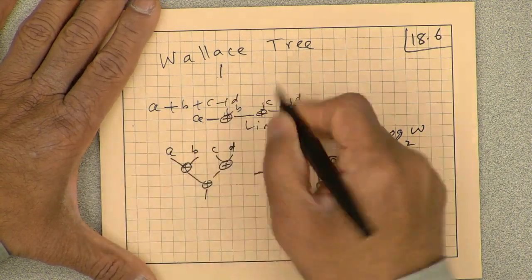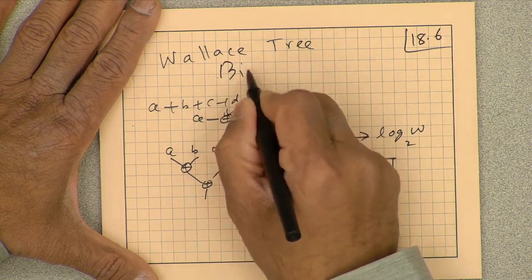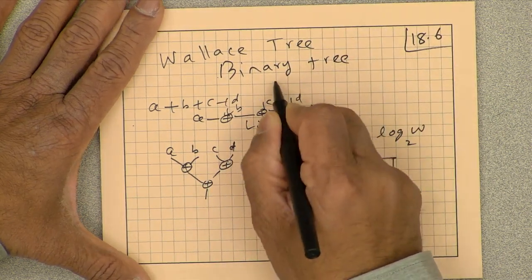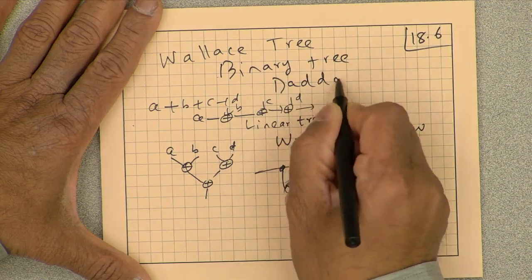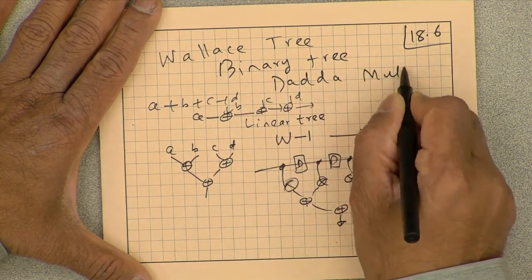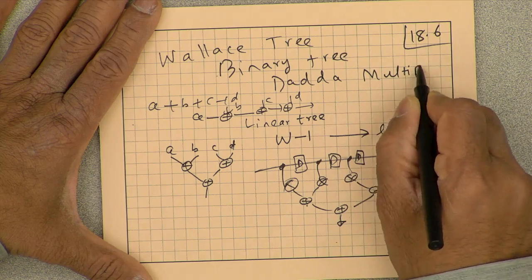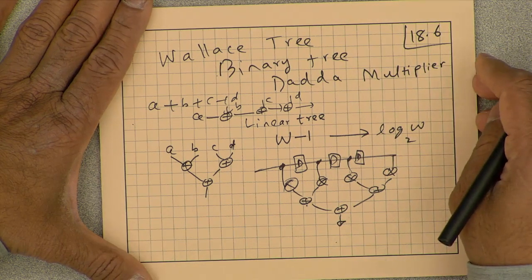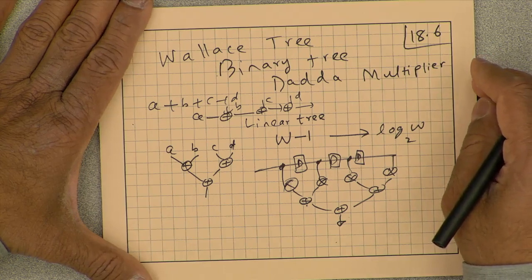But applying the same idea, we can design binary tree multipliers, and there is also something known as a Dadda multiplier. Professor Luigi Dadda of Politecnico di Milano in Italy.